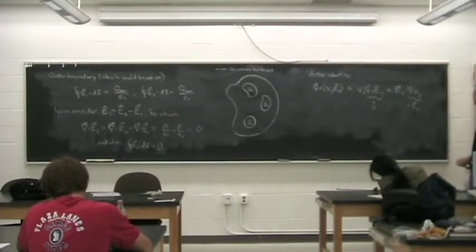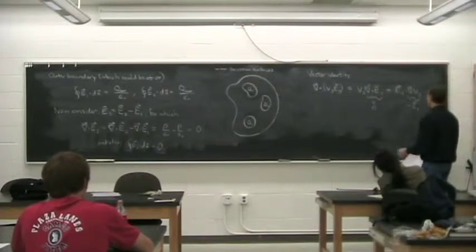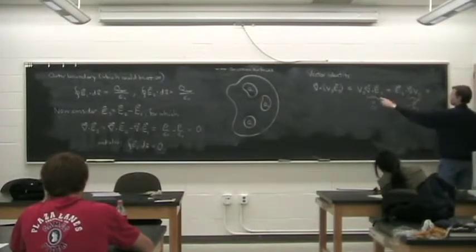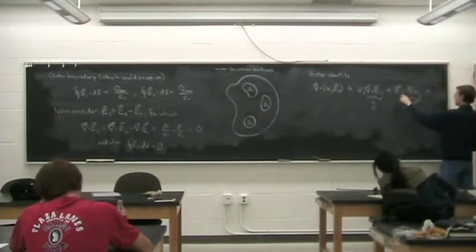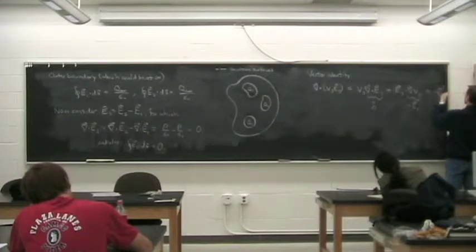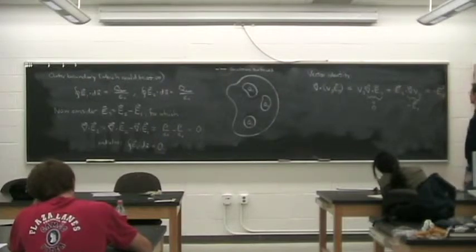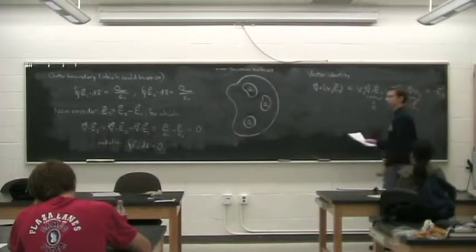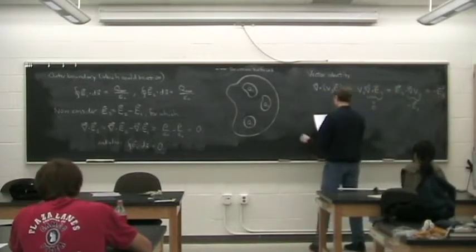So grad V3 is minus E3, and we find E3 dot minus E3, which is minus E3 squared. So div V3 E3 in the end is minus the magnitude of E3 squared.